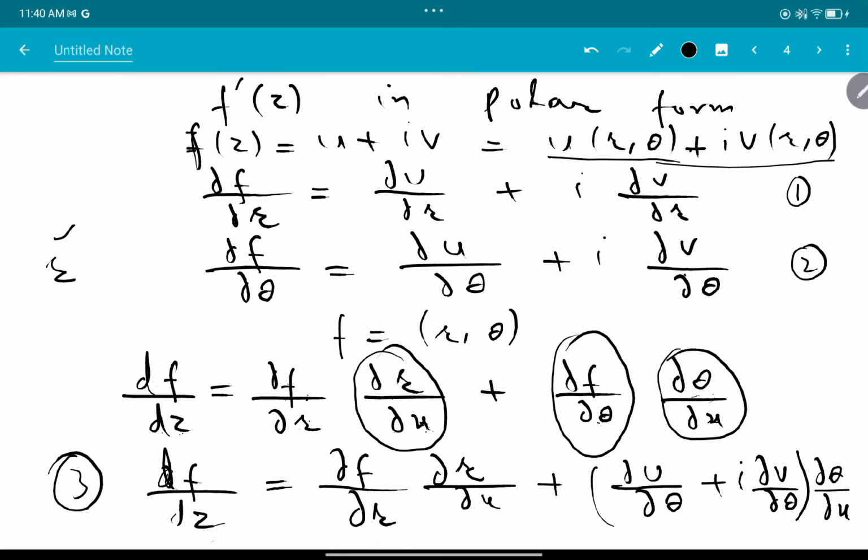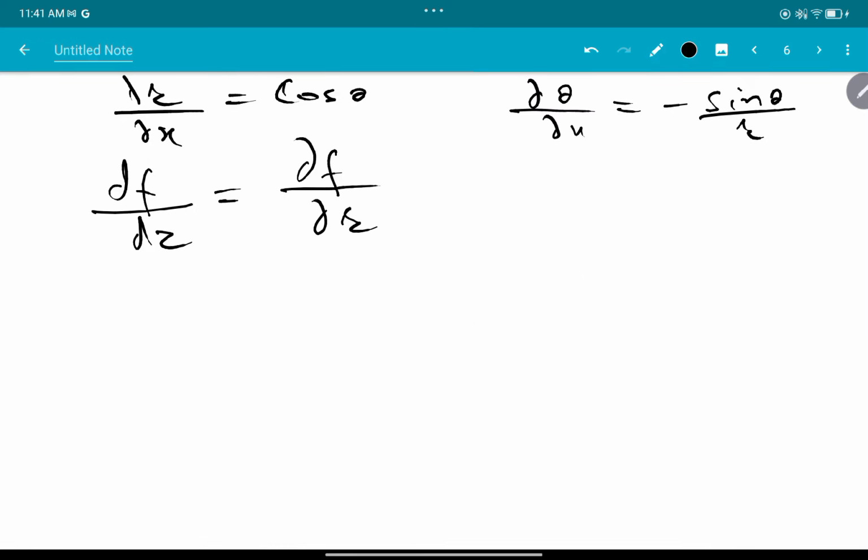Del f by del z is equal to df by dz, which is del f by del r into del r by del x plus del u by del theta plus i del v by del theta into d theta by del x. Now I can write it; it becomes easier.